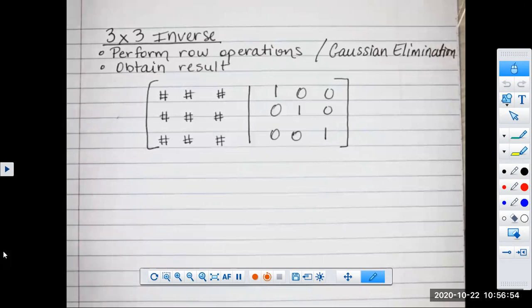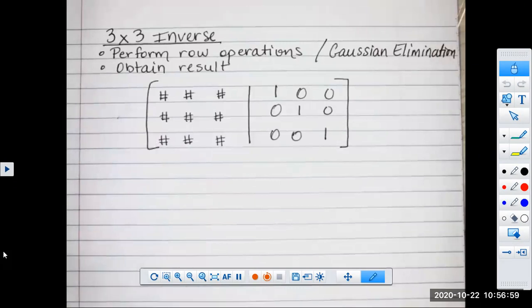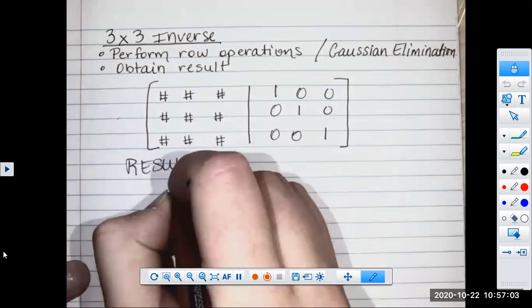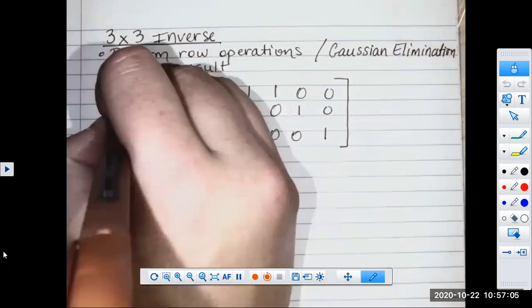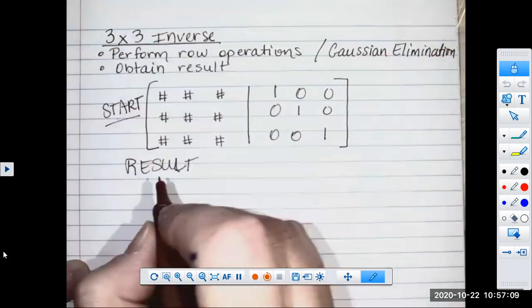You're going to keep doing that until you get your result. So this is your starting point here, and we want our result to look like this.